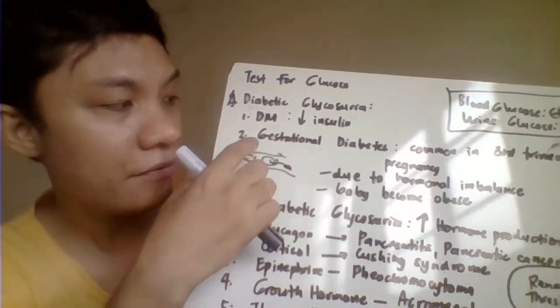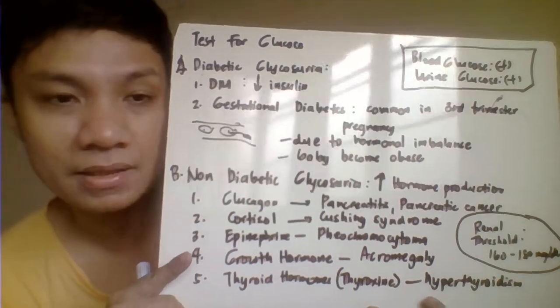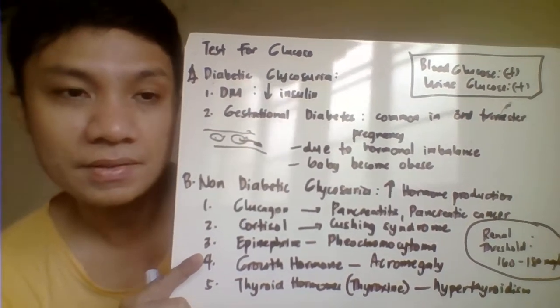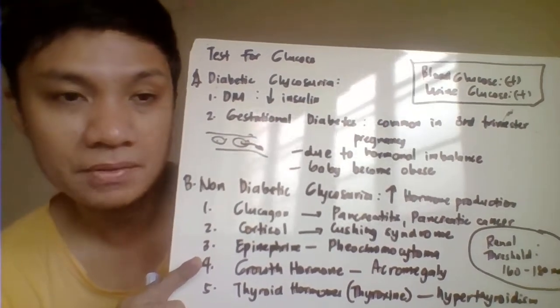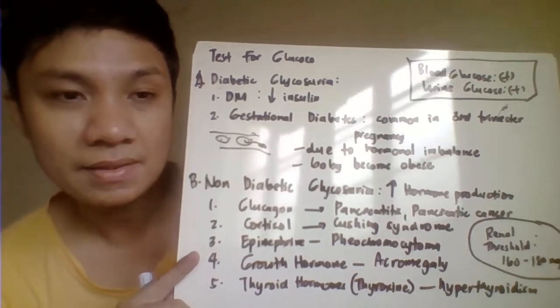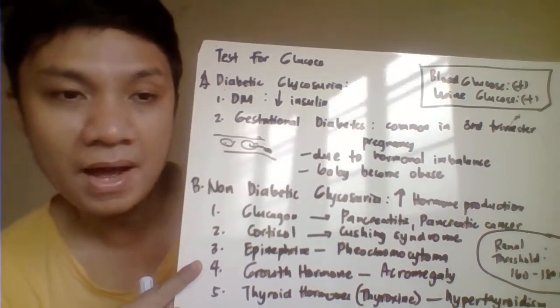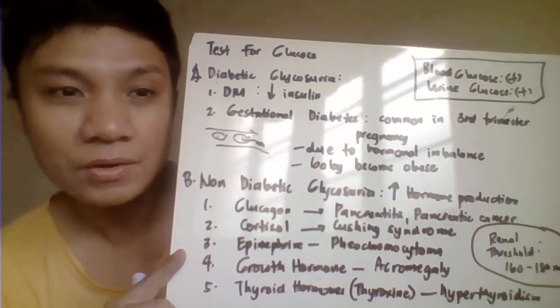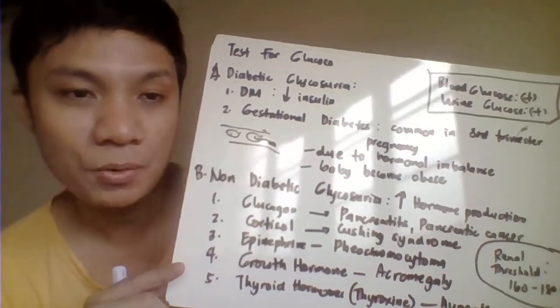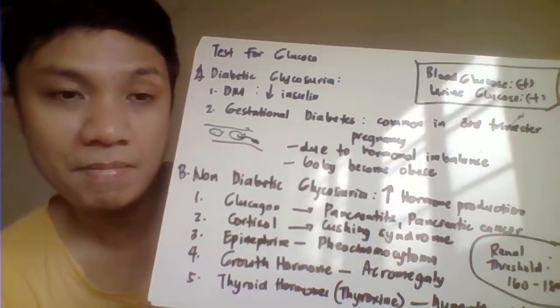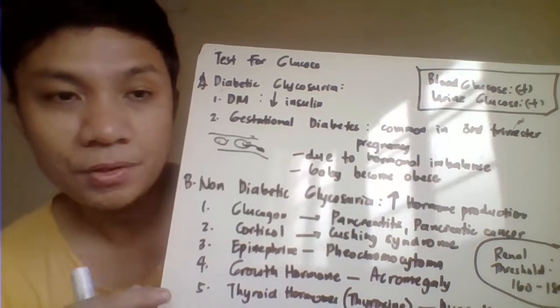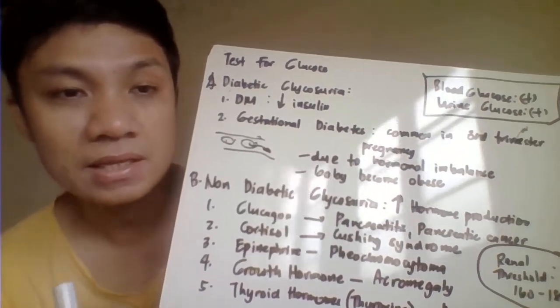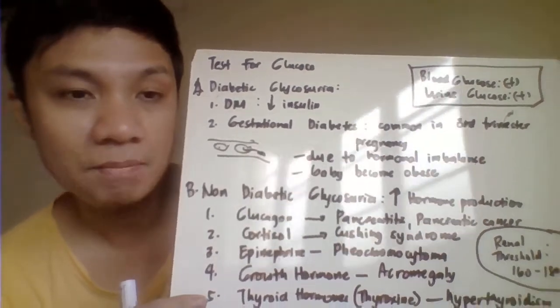Another one is gestational diabetes. Gestational diabetes usually occurs in the third trimester of pregnancy. This is characterized by hormonal imbalance, which allows accumulation of blood glucose in the placenta where you have your baby. The glucose is able to cross the placenta, but the insulin is not capable of crossing the placenta.